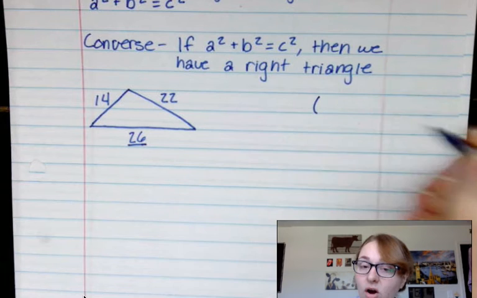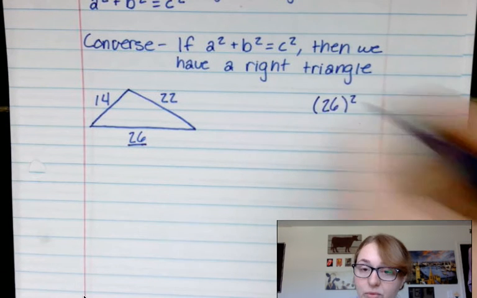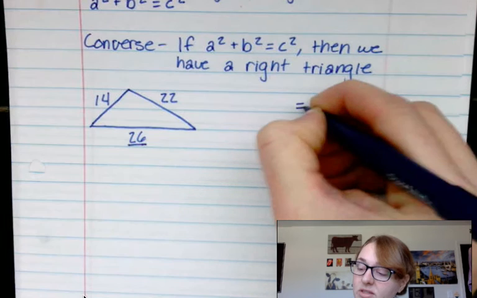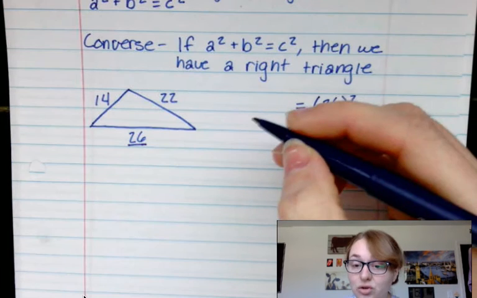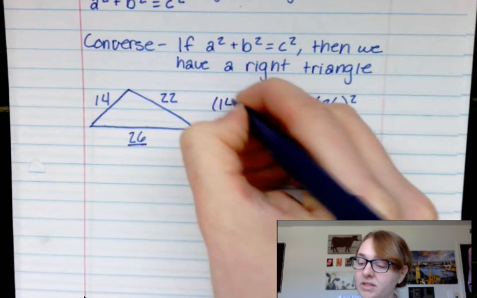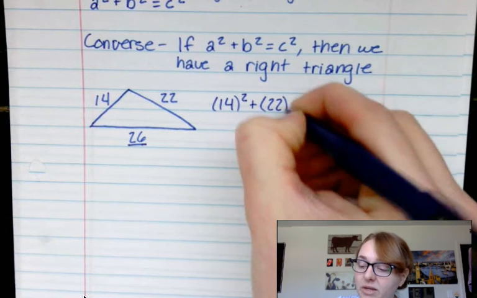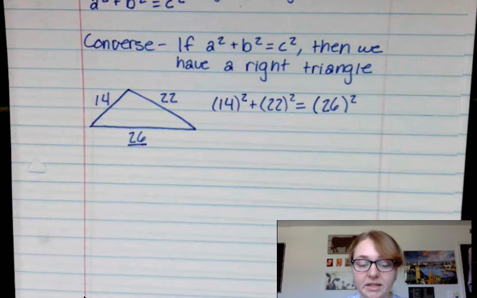So I'm going to plug that in on the right side. We're going to say 26, and then we're going to square it. Set up that equal sign, and then add and square the other two sides, or our legs. So we have that 14, and we're going to square it, and add it to that other leg, 22, and we're also going to square it.